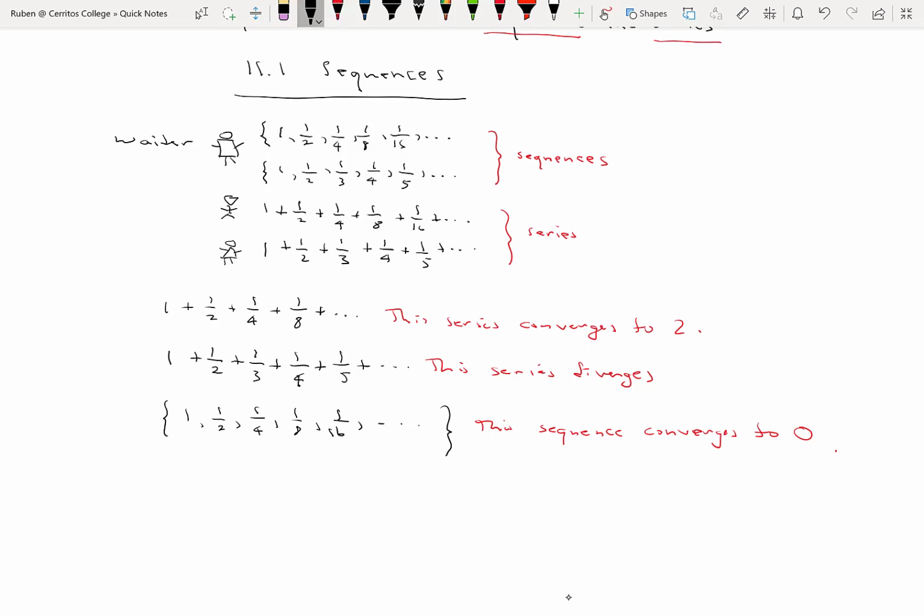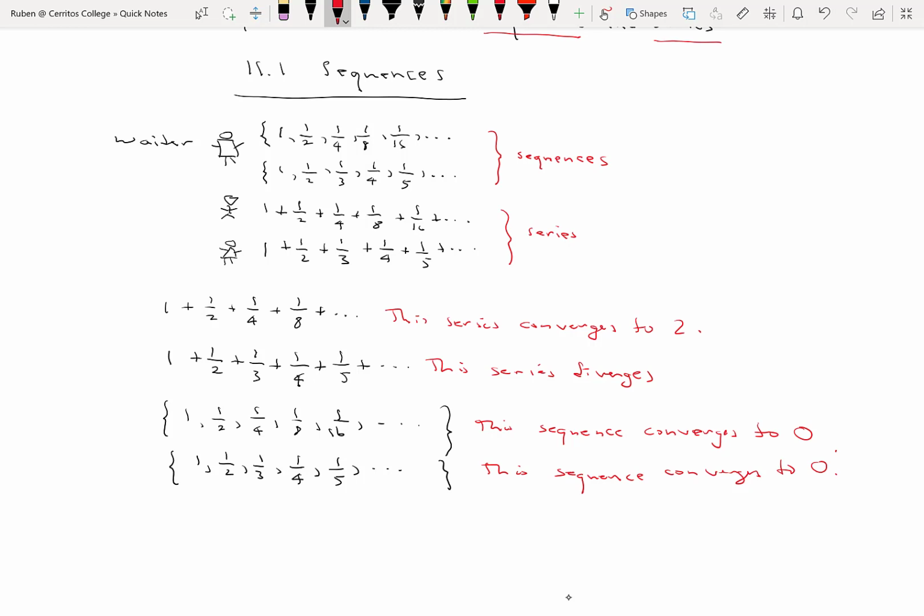The sequence representing the female on the date, I guess I could have given them names instead of calling them male and female, also converges to 0. The slices of pizza that she's ordering are becoming infinitely small.